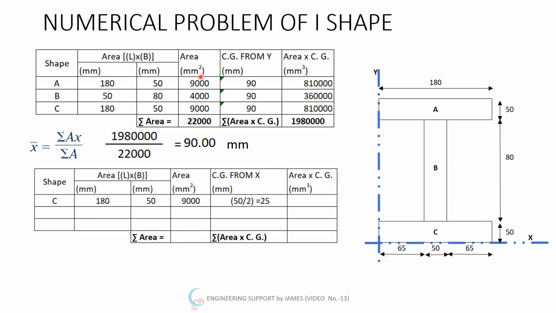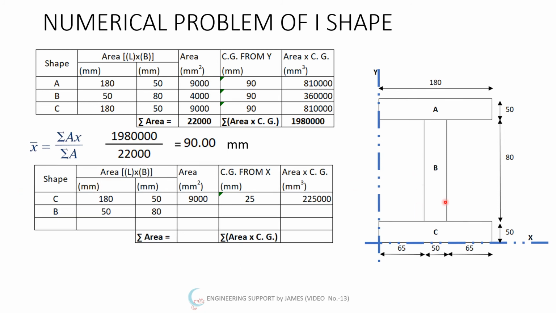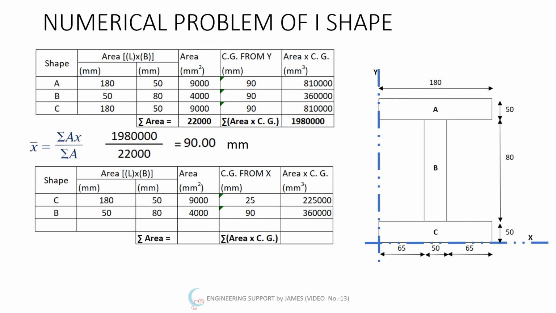The area will be obviously 9,000, and the CG from x is equal to 50 divided by 2, which will be equal to 25. So area multiplied by CG equals 225,000. Next is B. B is again 50 multiplied by this 80, you can see here. So the area will remain exactly the same, 4000, but the CG from x will change, that is 50 plus 80 divided by 2, which will be equal to 90.